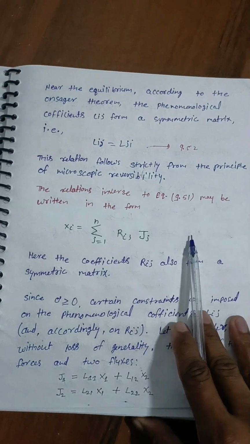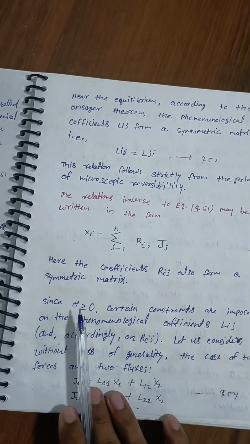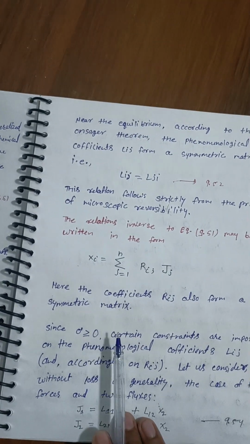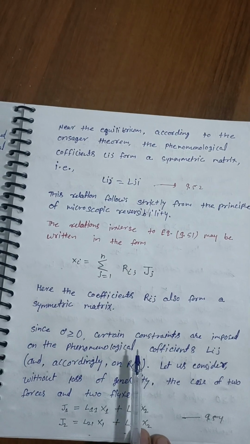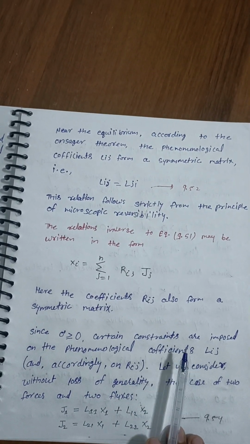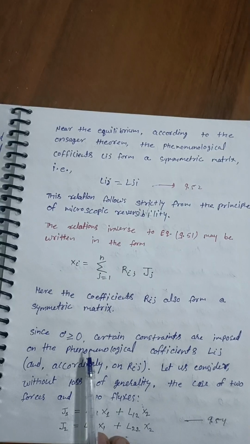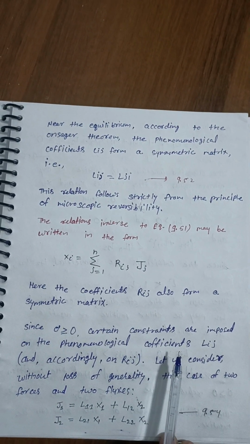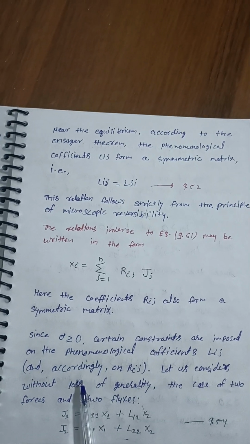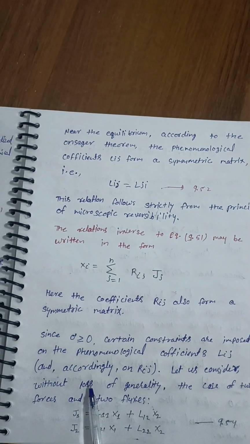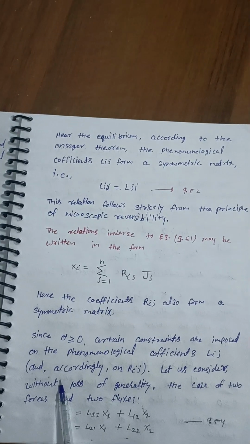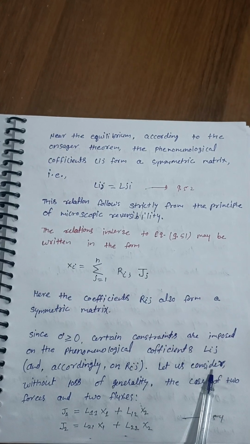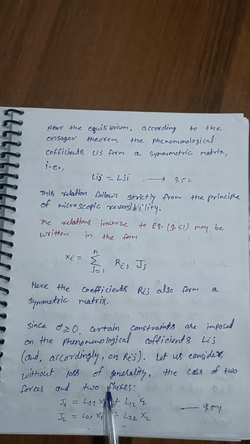Since sigma dash is more than 0, certain constraints are imposed on the phenomenological coefficients Lij and accordingly on Rij.